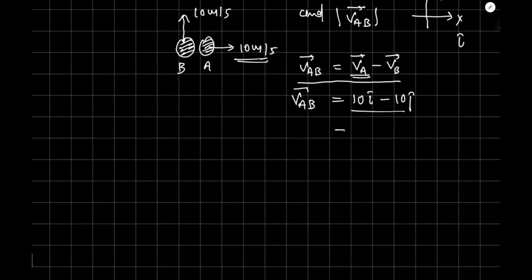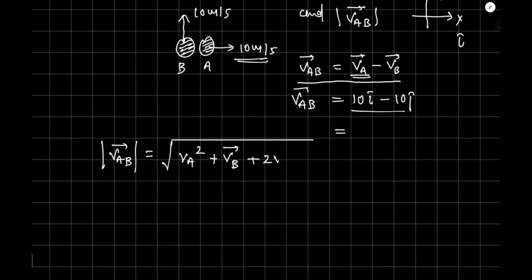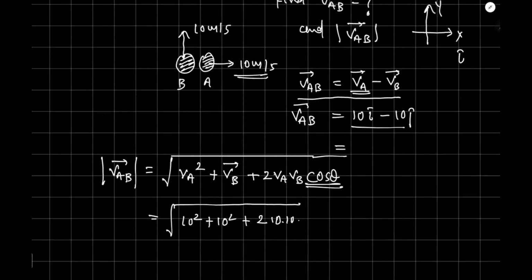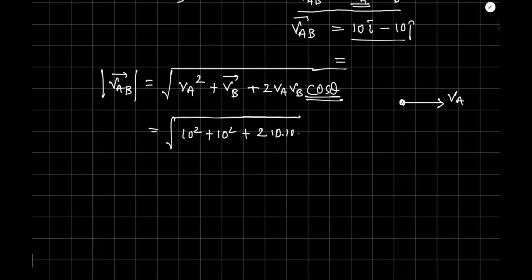If you have to find the magnitude of vector AB, it is equal to root over magnitude of vector A square plus vector B square plus 2 VA VB cos theta. In this case, we have 10 square plus 10 square plus 2 into 10 into 10 and cos pi. You know the angle between the, this is your VA vector, okay, and this is your minus VB vector, right? ना यहाँ पे हम क्या पुट करेंगे? माइनस, अच्छा इसको तो यही रहना, तो यहाँ पे minus 10 पुट करें, and here we also put minus 10.